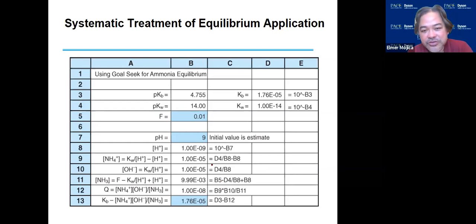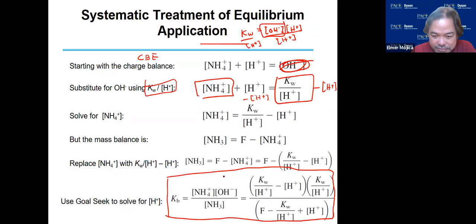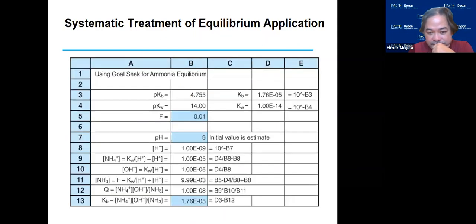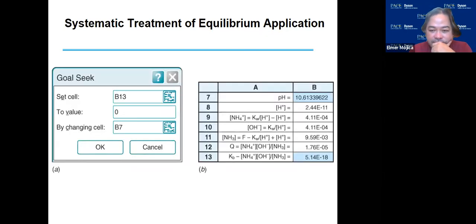But usually I don't ask my students to do this. I want it the old way, because that's the one that we're going to solve using how to get the pH of intermediate strong acids and strong base. So you can do the problem solver using that one. Once you have it, you can just input the values and it will give you the value that you are looking for.